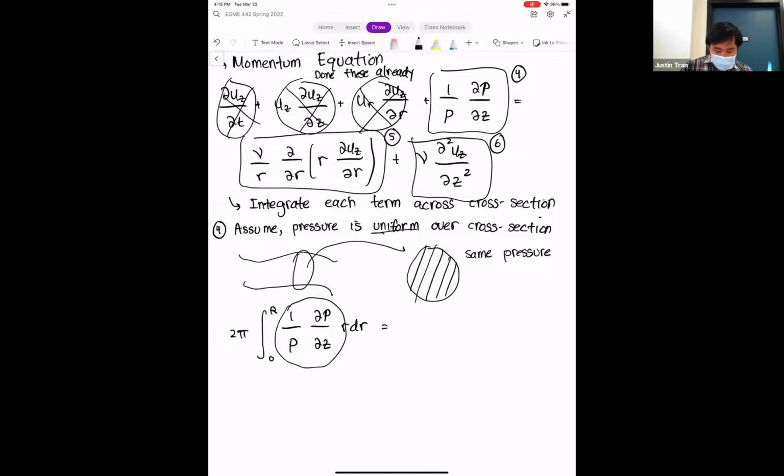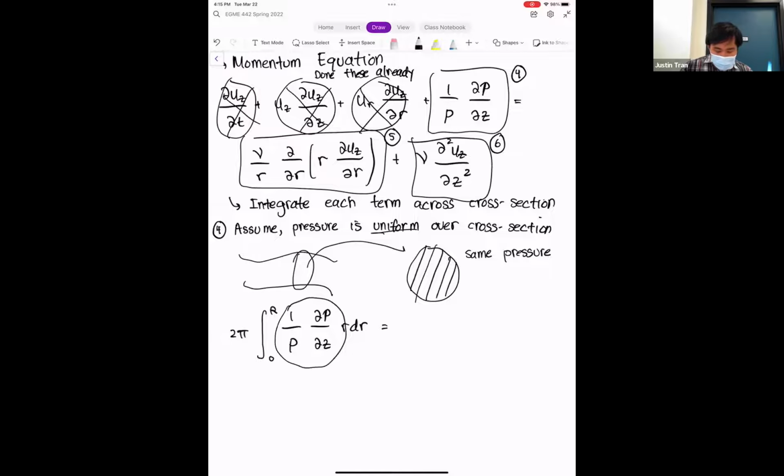Okay, so let's go ahead and work on this integral. And so right away we see that we have an r in front here. We have an r in the denominator, and so these two are going to cancel out. We can't touch the r that's inside the derivative here because it's inside the derivative. But we can work with the ones on the outside. We have the kinematic viscosity here, nu.